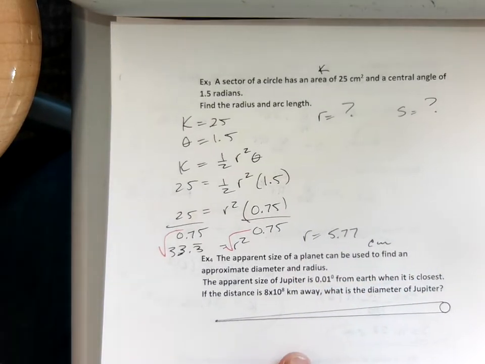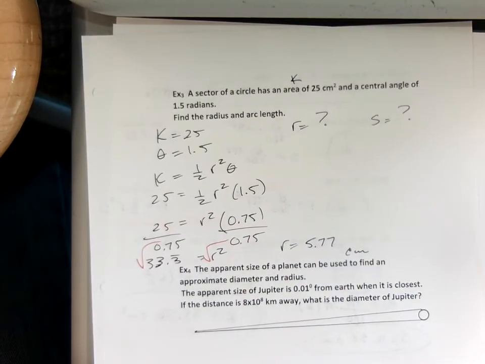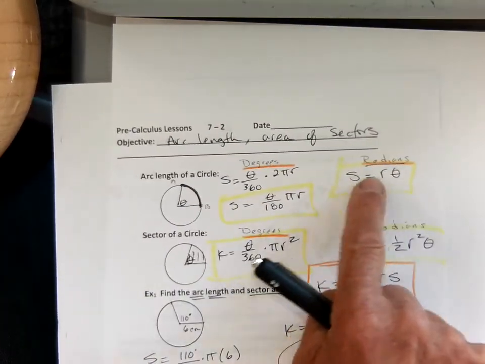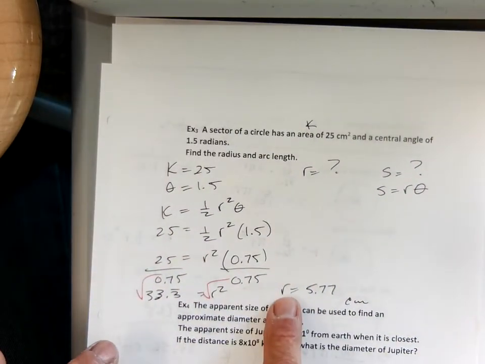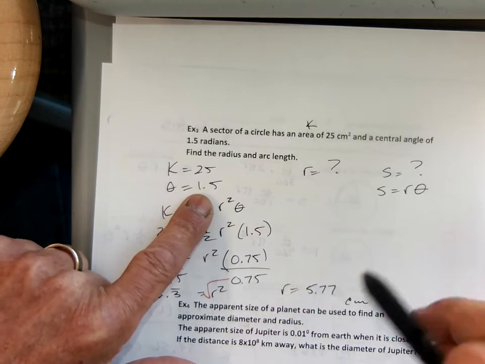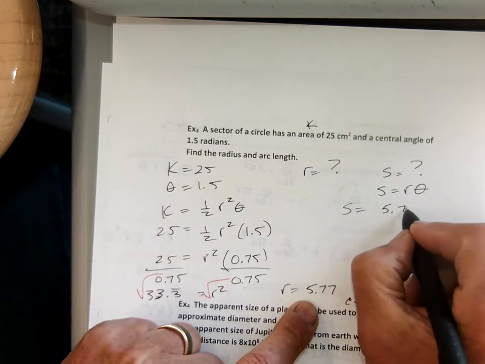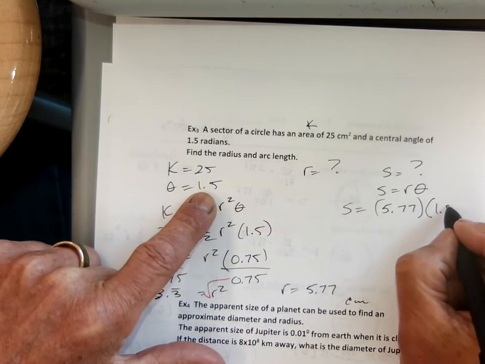Now, I want to find the arc length. Well, shoot. I'm just going to use the easy formula. S equals r theta, right? I'll look at my formulas. That's the easiest one to use because I have r and I have theta, right? So S is equal to r, which is my 5.77, times my angle, which is my 1.5.